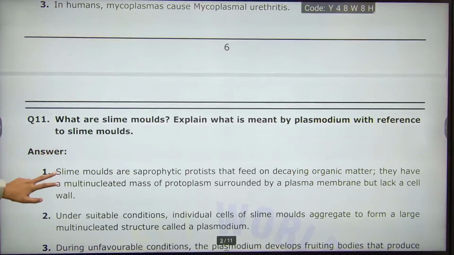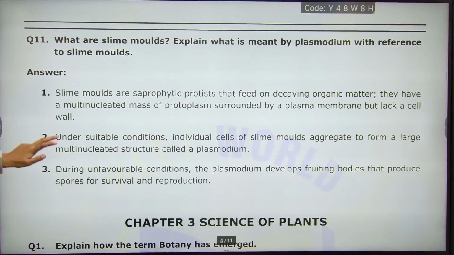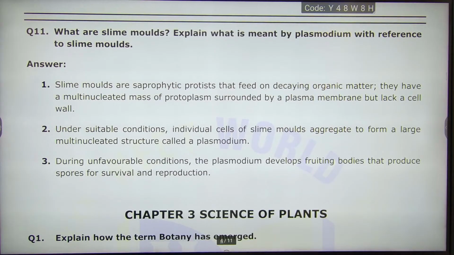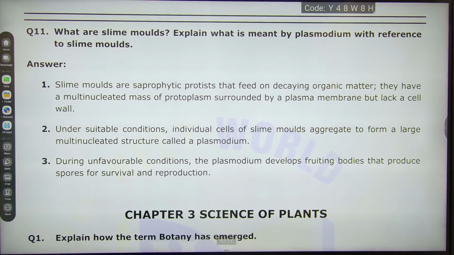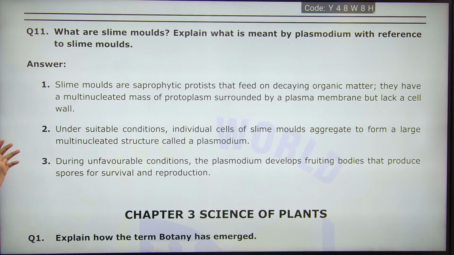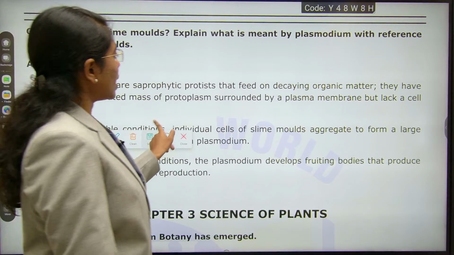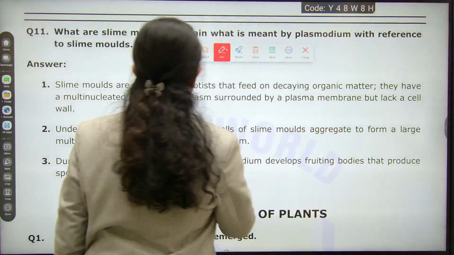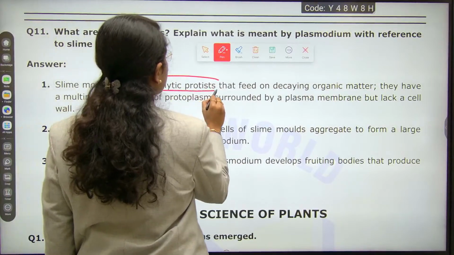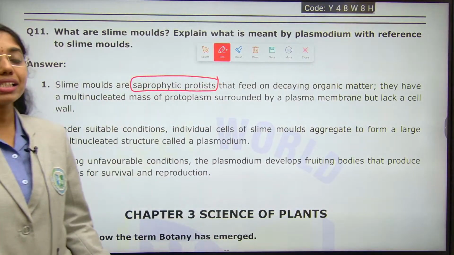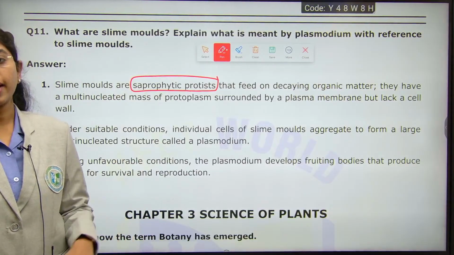Next, what are slime molds? Explain what is meant by plasmodium with reference to slime molds. Here we go. Slime molds are known as saprophytic protists. They feed on decaying organic matter.